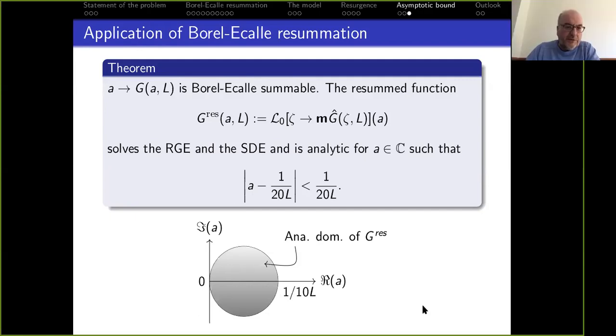Another question. How many singular directions are there in your model? Two: the positive real axis and the negative real axis. I don't really care about the negative real axis because I want to resum for positive values of the coupling constants. We showed with Marc that there are no other singularities. It's much simpler than other physical models that have more singular directions.